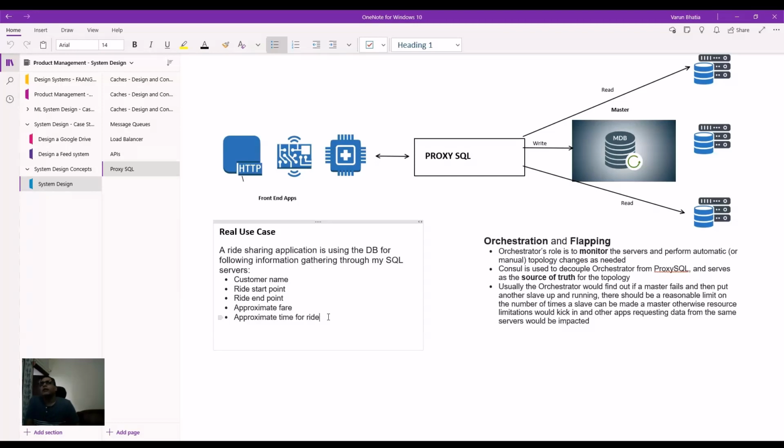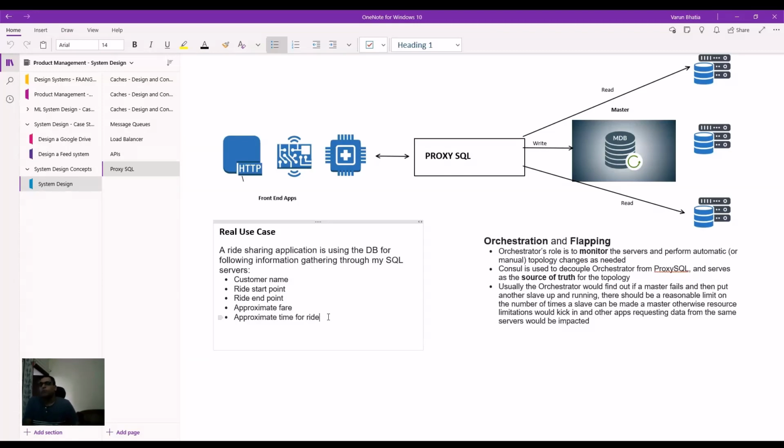As a really good system design practice, it would be useful to load balance this and distribute the traffic, let's say based on approximate time for rides or fares, or not even related to the customer characteristics. When we covered load balancers, we looked at ways in which you can perhaps use some sort of a hashing algorithm to distribute the traffic.